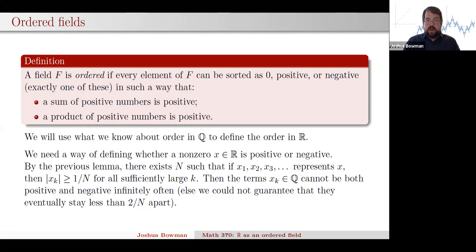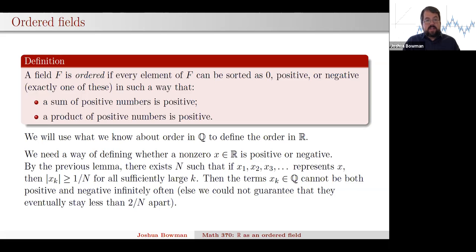But what we're focused on is showing that R is ordered. We can define positive and negative numbers in a suitable way. And because R we've built up from Q, from Cauchy sequences of rational numbers, we're going to use what we know about the order in Q to define the order in R.